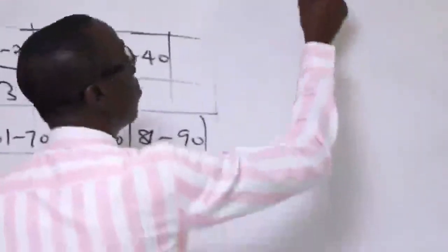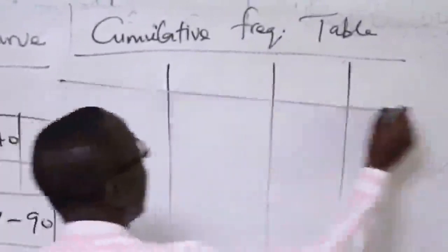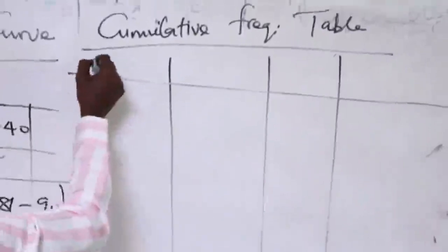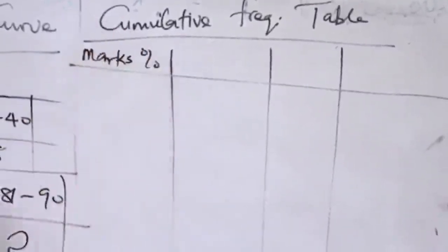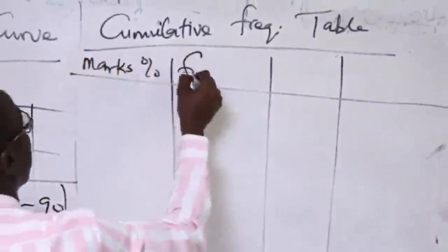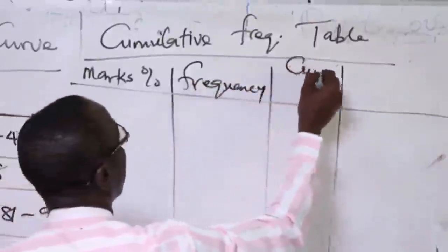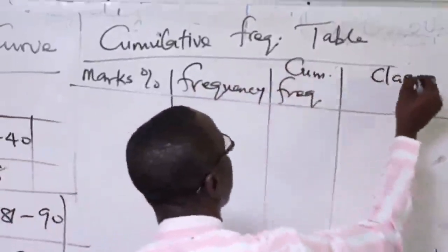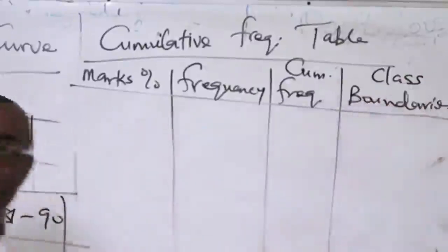Yes, sir. Great. A cumulative frequency table has 4 columns, basically. These columns are the class interval, which will be represented by marks here, the frequency, the cumulative frequency, and the class boundaries.